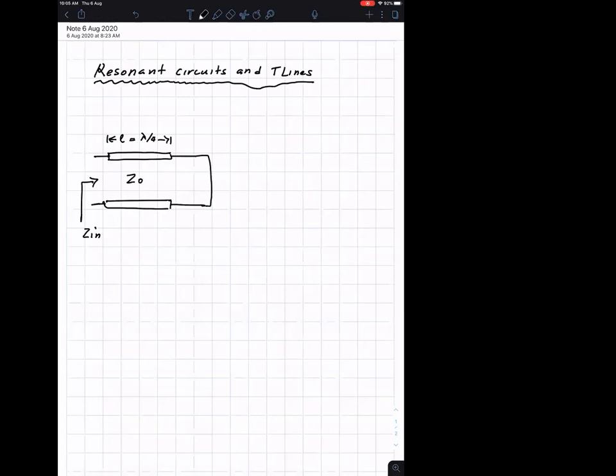If I short this line at the end, a quarter wavelength transmission line with the end shorted can be realized using a lumped LC equivalent circuit. The short circuit can be realized with a parallel resonant circuit.